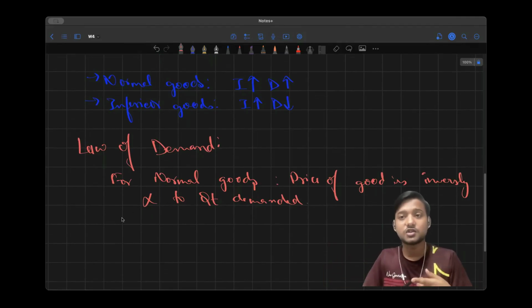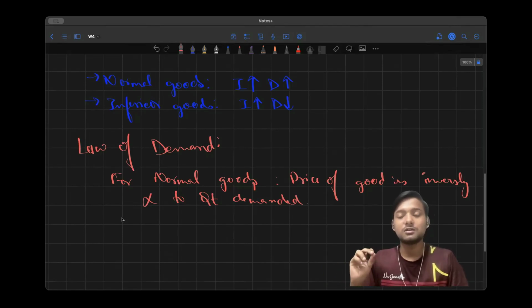The law of marginal utility, if you have studied, states that the more you consume something, the utility from that product decreases. Let's say you like pizza a lot. The first pizza you eat will give you more satisfaction. The second pizza, a little less. The third pizza, okay. The fourth pizza, your tummy is full. And if you keep on eating more, it will cause problems for you.